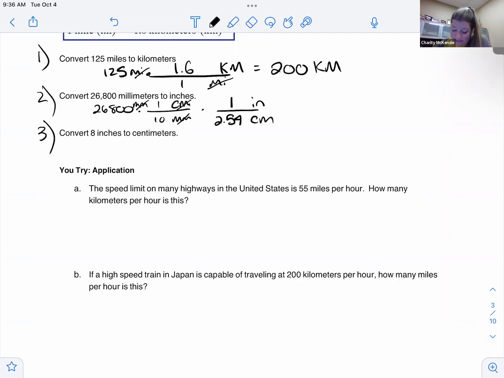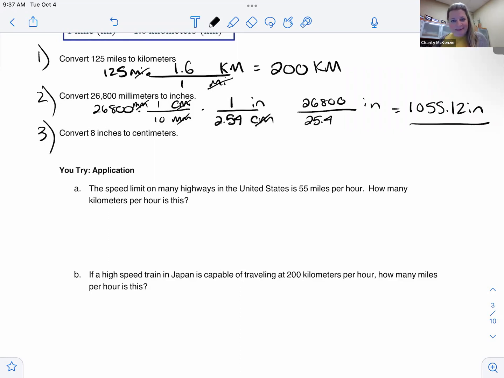These cancel, centimeters cancel. Times, times, times, I get 26,800 over 2.54 times 10, which is 25.4. This is ending in inches, and I'm just going to divide that and get the decimal. I get 1,055.12 inches. Hopefully that's right. That's what my notes say. I don't want to get out my calculator.